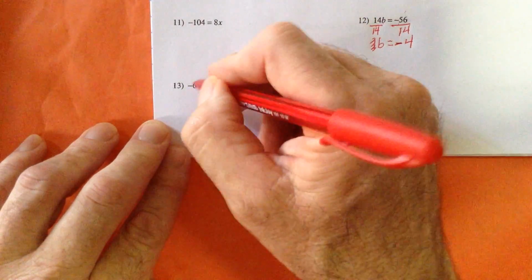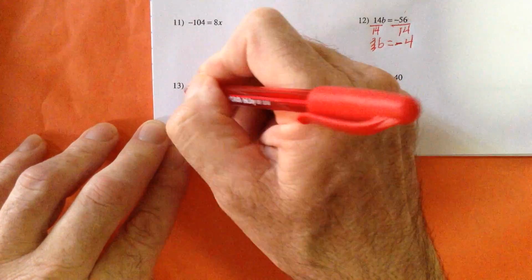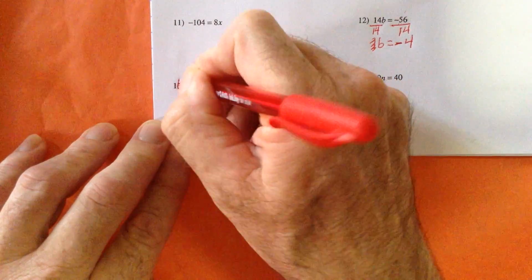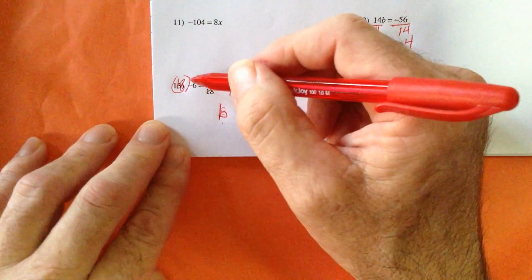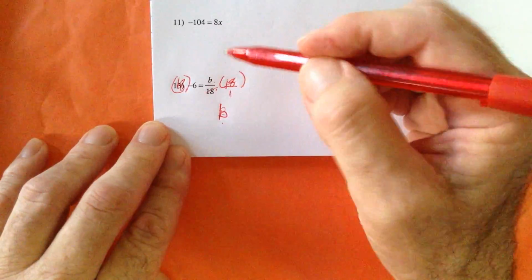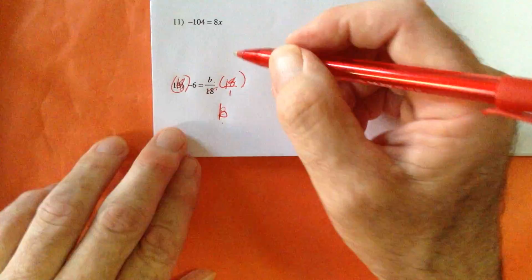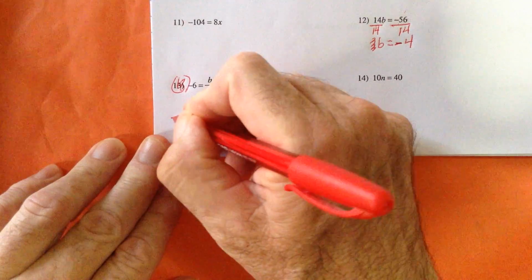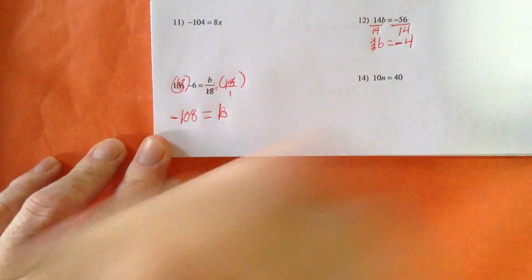So therefore I got to do the same to this side. If I did times 18 on this side, 13 is kind of in the way there, but I got to go times 18 on the left side. So on the calculator I'll do 18 times negative 6, and that comes out to negative 108 equals b.